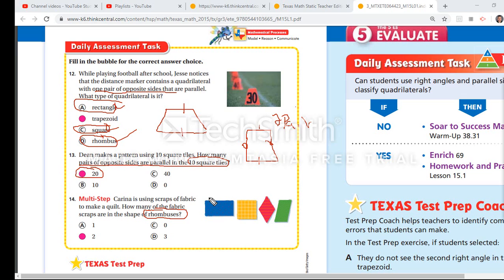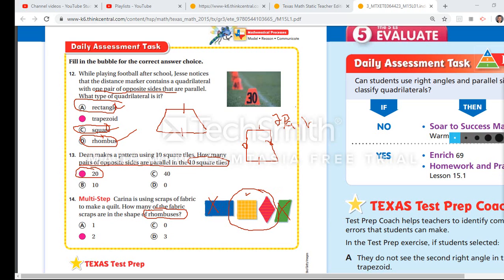This shape does not have all four sides the same length. It is these two shapes that can be classified as rhombus. In this case, your square is classified under the rhombus because it has two pairs of opposite sides that are parallel, and all four sides are equal in length.